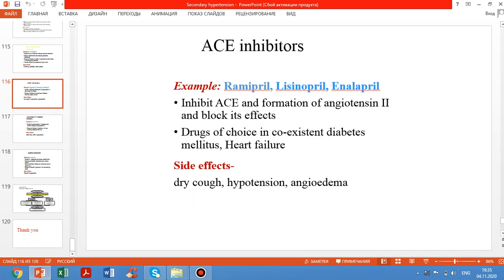Angiotensin converting enzyme inhibitors: ramipril, lisinopril, enalapril. Inhibit angiotensin converting enzyme and formation of angiotensin II and block its effects. Drug of choice in coexisting diabetes mellitus and heart failure. Side effects: dry cough, hyperkalemia, angioedema.